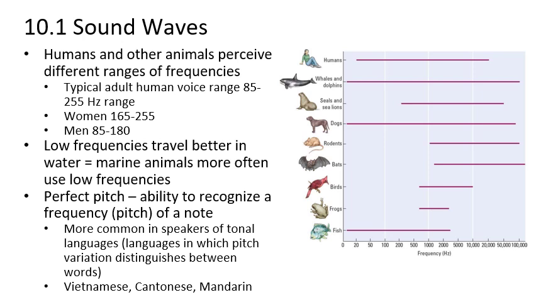They would be able to detect the exact frequency, or the label that we've given that frequency. This is actually more common in speakers of tonal languages, which are languages where pitch variation distinguishes between words, languages like Vietnamese, Cantonese, Mandarin, where the same word sounded with different pitch values, or different frequency values, can have different meanings.